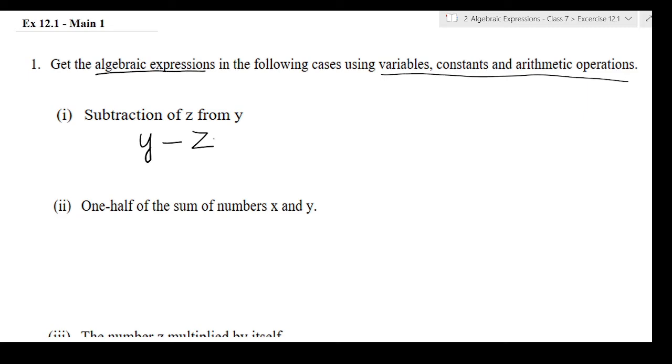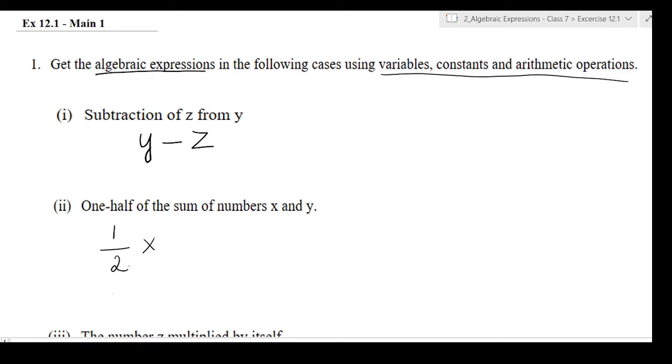Going ahead, the second one is 1/2 of the sum of numbers x and y. 1/2 is 1/2. Of is always multiply. Whenever you have of or product, all this signifies multiplication.